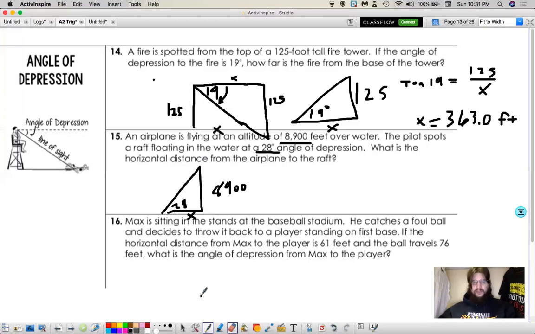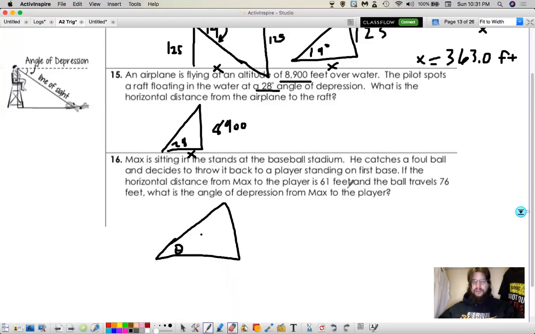Max is sitting in the baseball stadium. He catches a foul ball and decides to throw it back to the player standing on first base. So set it up like this and realize that this is our angle of elevation or depression. It says the horizontal distance is 61 and the ball travels 76 feet.